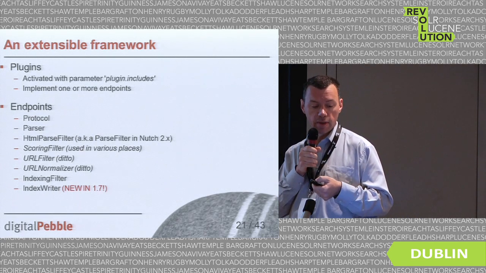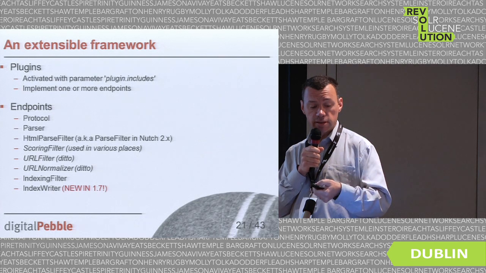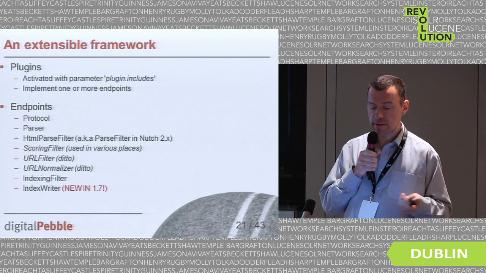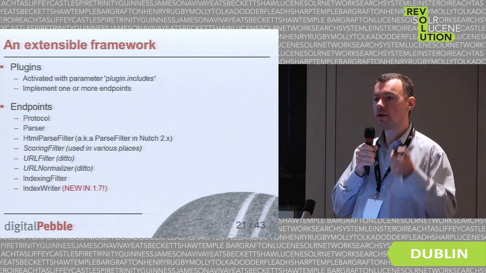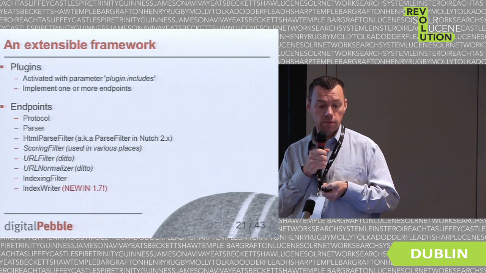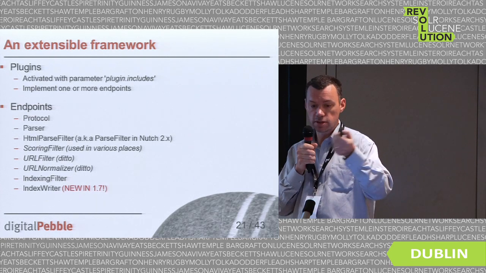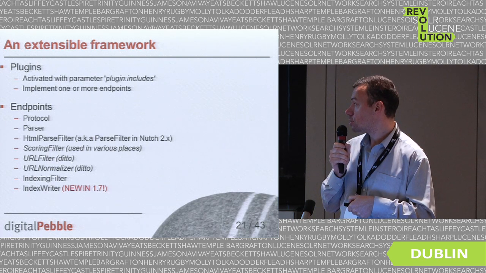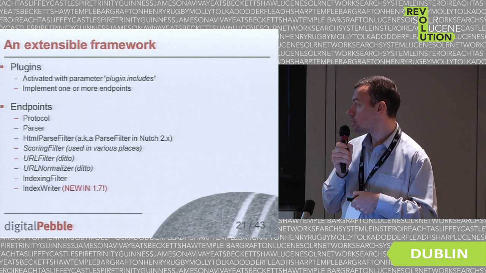Then the HTML parse filters are called after that, and that's where you can have your custom rules for extracting things that are interesting in your pages. You can use, I don't know, XPath on the DOM to extract, scrape whatever you need.